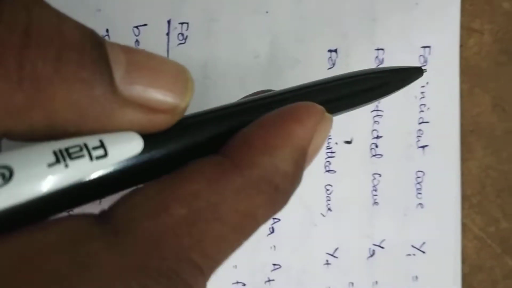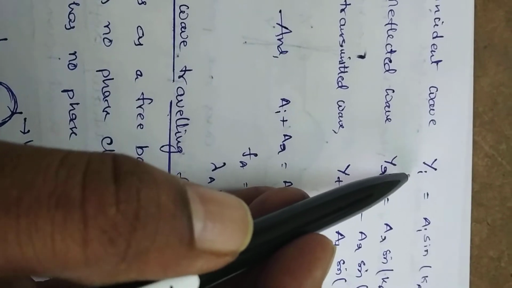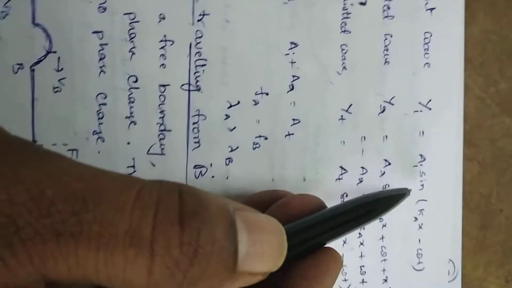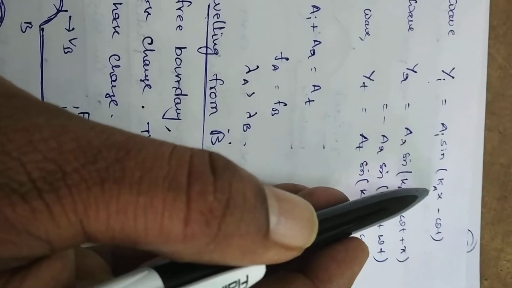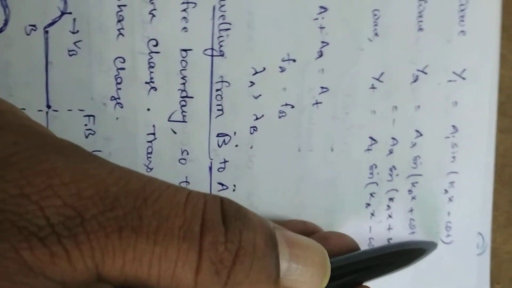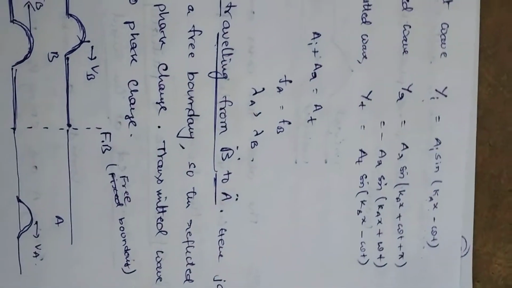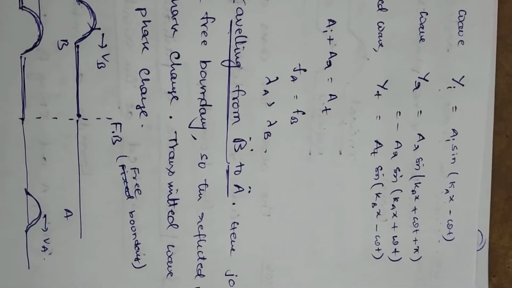Right. So here the equations corresponding to the incident wave, reflected wave and transmitted wave can be written as follows. For the incident wave, yi equals AI sin(omega t minus kx), or kx minus omega t, no problem.